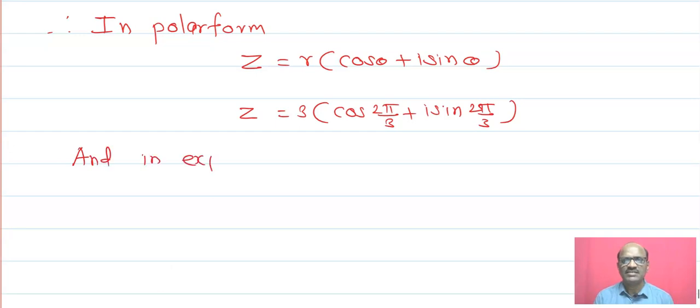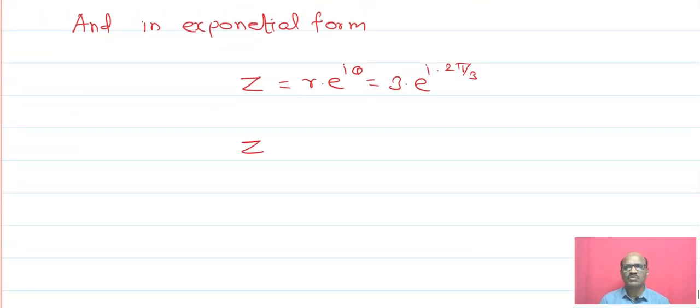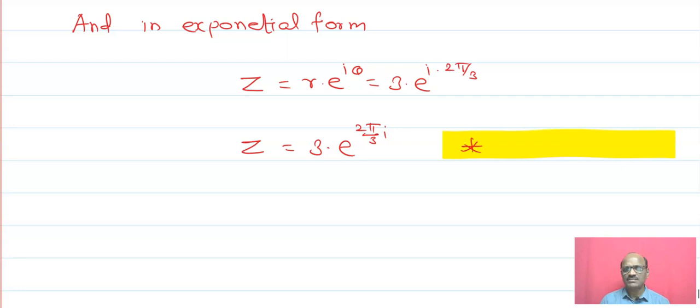And in exponential form, z is equal to r into e raised to i theta, that is 3 times e raised to i 2 pi by 3. The answer given in the textbook is not correct.